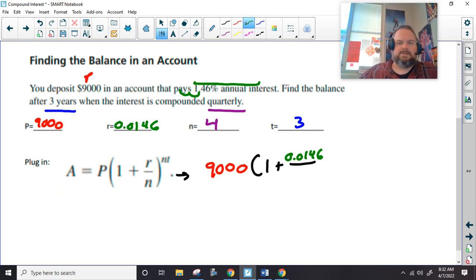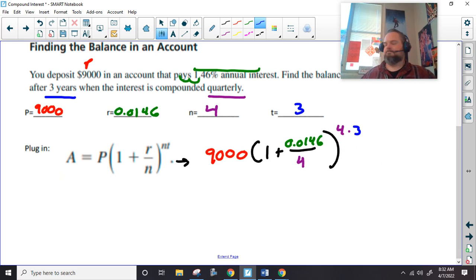Remember, they used opium for everything. And this is to the 4 times 3. All right. So there it is, with our calculator.